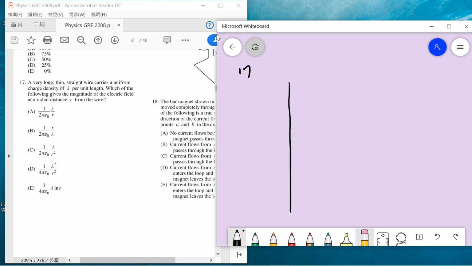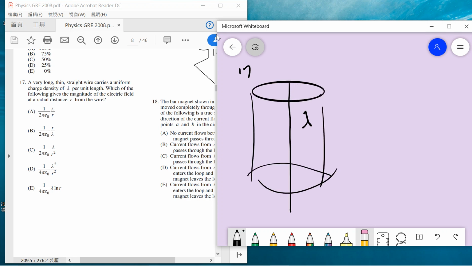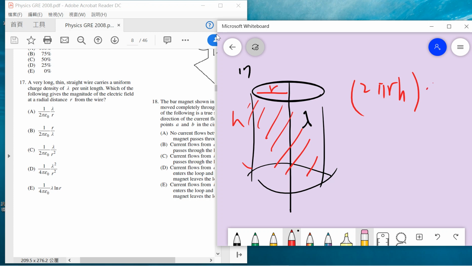Basically, you have a very long straight wire carrying a uniform charge density per unit length, and the electric field. Okay, so this is the standard Gauss surface. You take this as R, so this area is 2 pi R H, times E, equal to H lambda over epsilon naught.